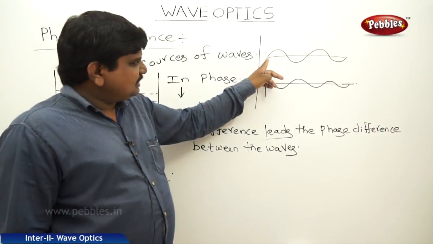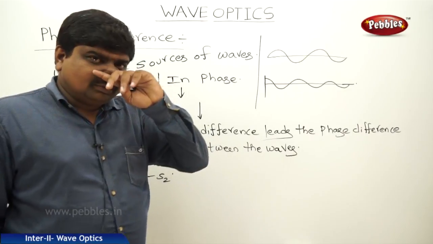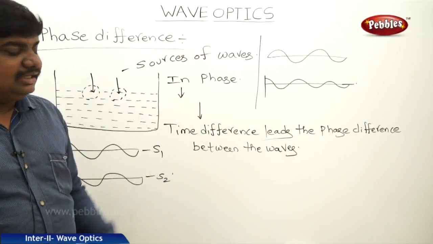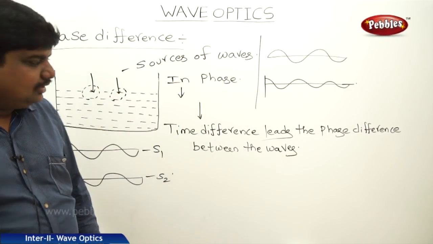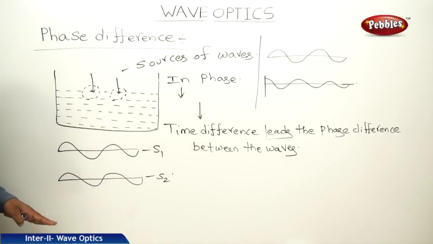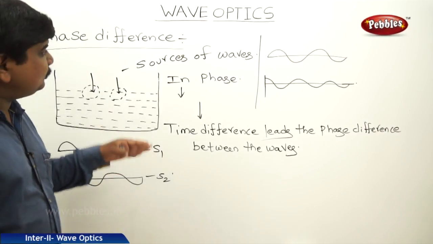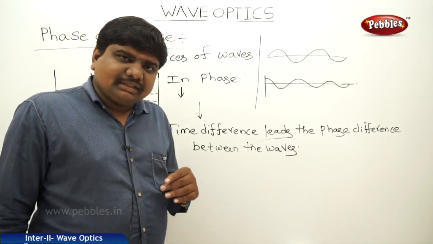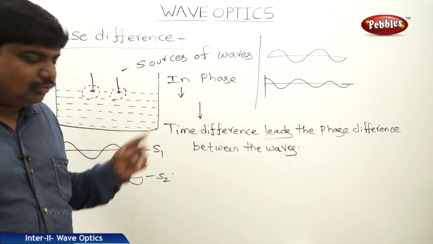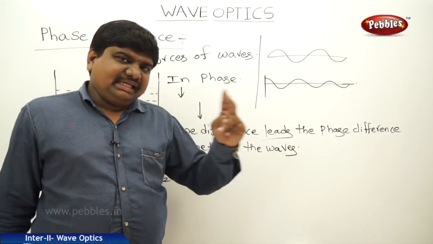There is a time difference. Here t is equal to 0, here also t is equal to 0, but at t is equal to 0, it is maintaining the phase difference. So based on this superposition of the phase difference, waves are classified into two types. One is coherent, the second one is incoherent.